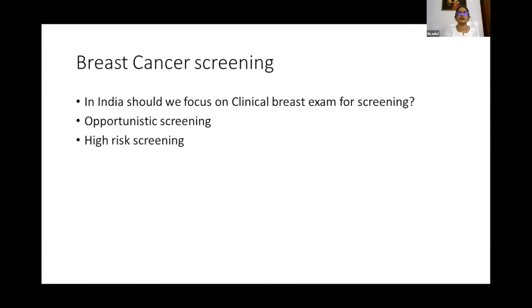So coming to the issue of screening. In India, should we focus on clinical breast examination or mammography? With age and wisdom, practicing over a decade and a half, we've now come to the conclusion that in India, population-based mammographic screening is not going to be feasible, and it's not going to be productive.